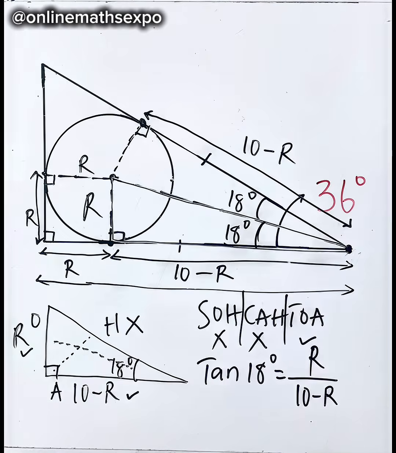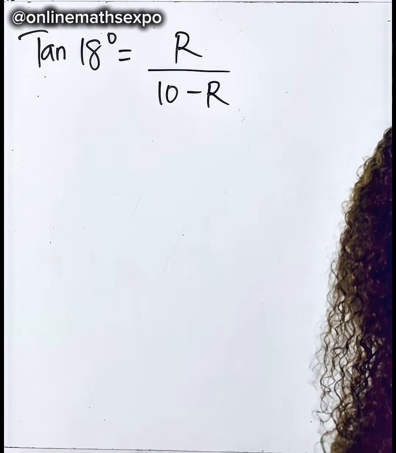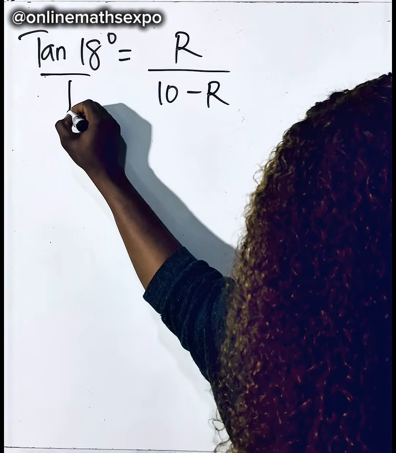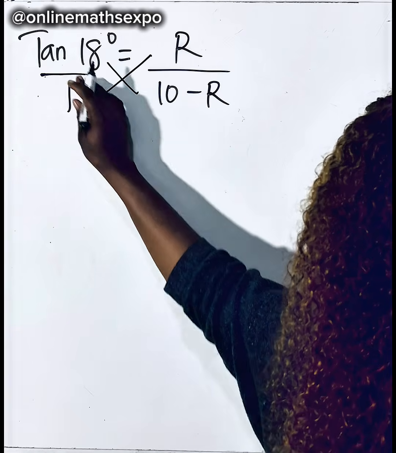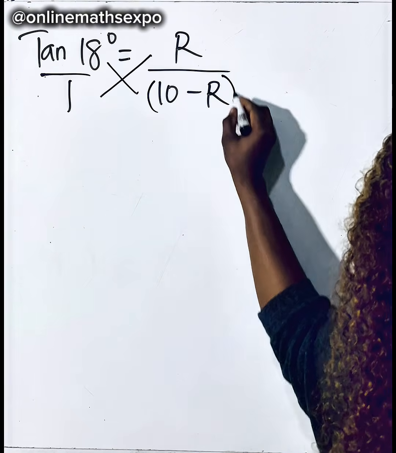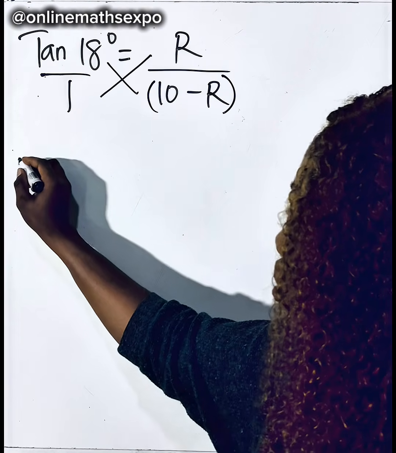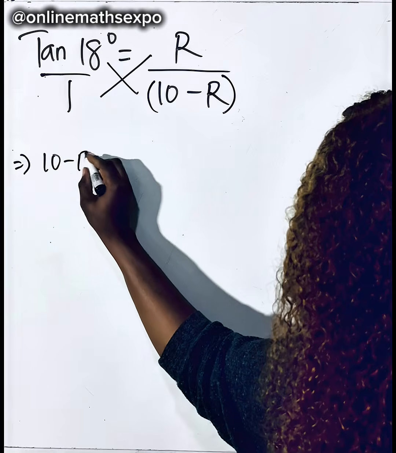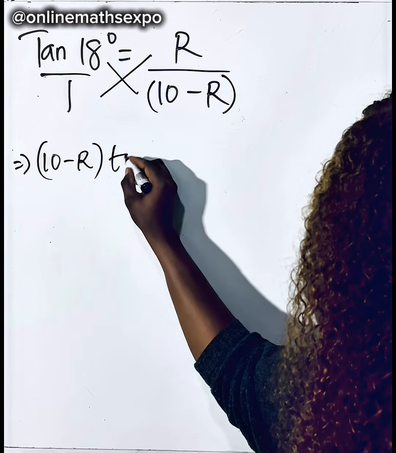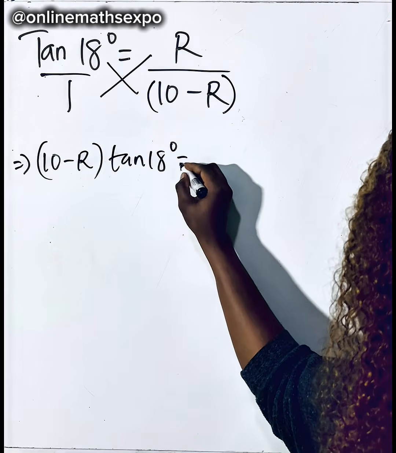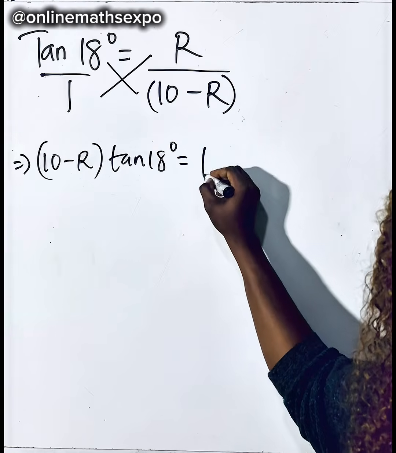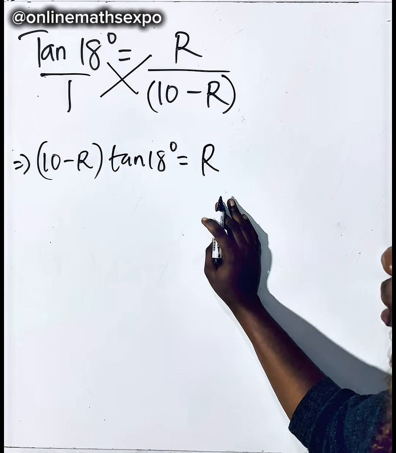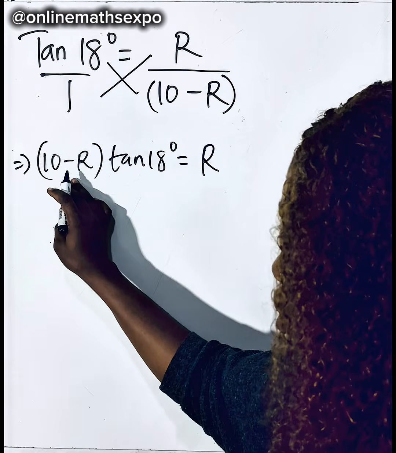Let's work this out. So from here, what do we do? Let's make this over 1. Quickly cross multiply. Remember, this is an expression. So we are going to have 10 minus r multiplying tan 18 degrees is equal to r times 1, which gives you r. And what do we do next? We distribute.